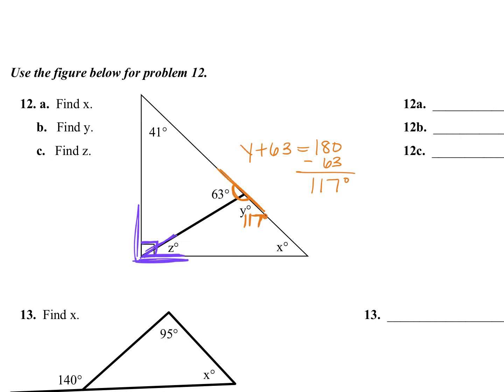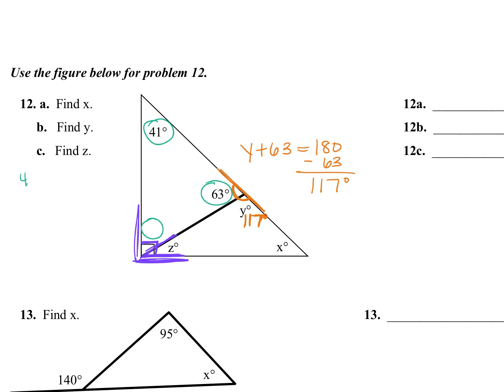Z, y, and x will equal 180. They make a triangle. Yep. Jack, Z equals 14, how did you get that? Because I added up 41 plus 63, and then I subtracted that from 180 to find the other bottom angle. And then I took 90 minus the bottom angle. Okay, so he took these three angles and said, I know that's a triangle, so it's got to equal 180, right?